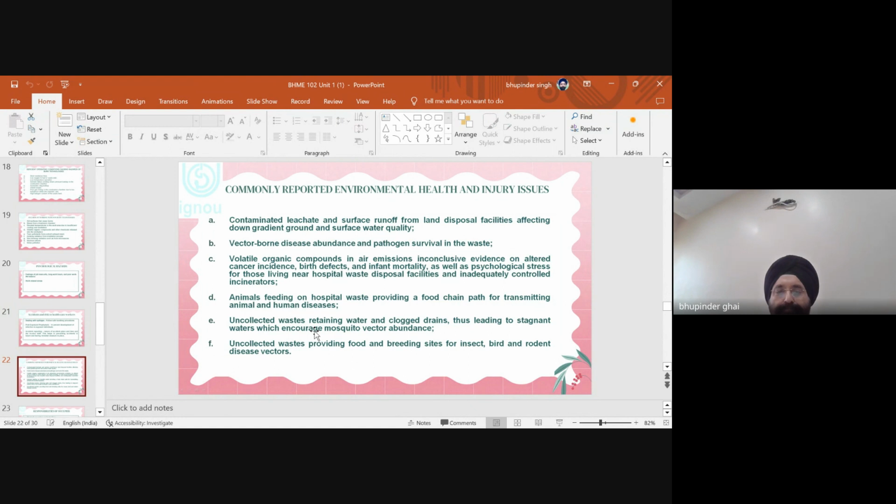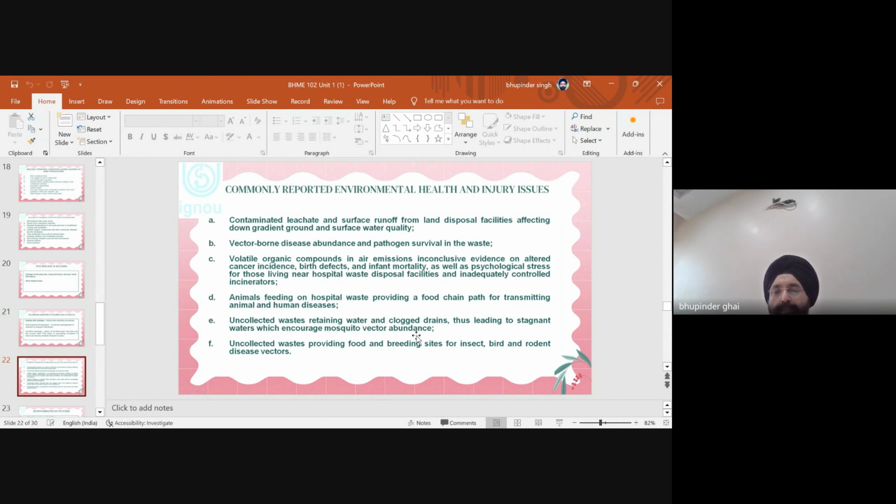Uncontrolled waste retaining water and clogged drains, thus leading to stagnant water which encourages mosquito vector abundance. So the waste which is lying on the surface goes into the drain and clogs the drain.